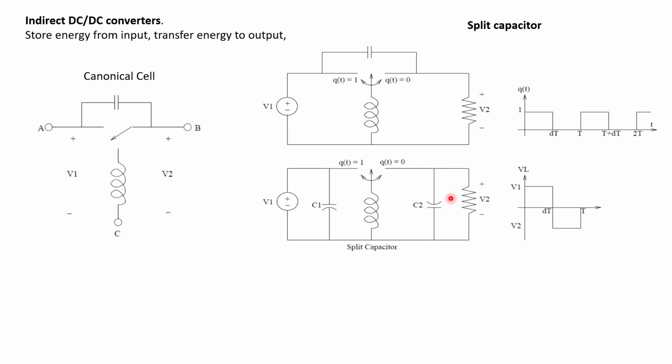You can ignore this open circuit. Analyzing this closed circuit, you have the voltage on the inductor, it's just the same as the voltage of the source V1, during this period. And then you switch to the right here, so you have the closed circuit on the right side, then you ignore all the circuit on the left side.